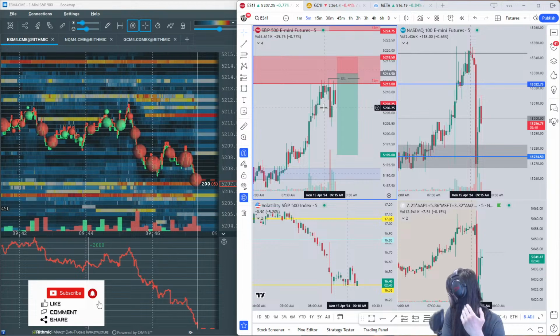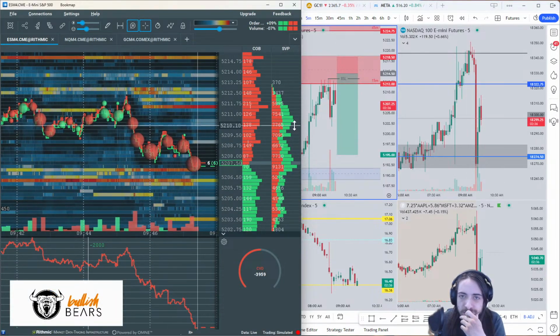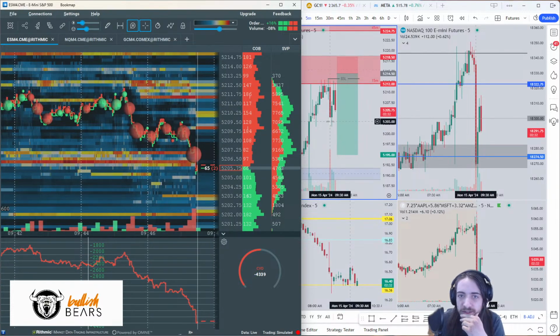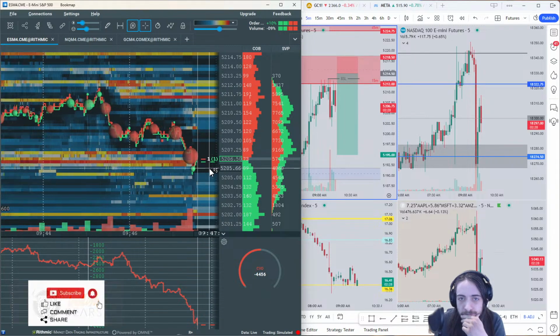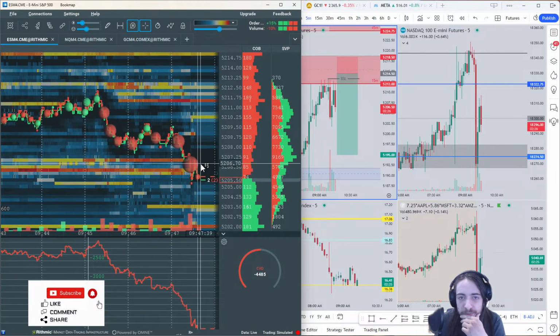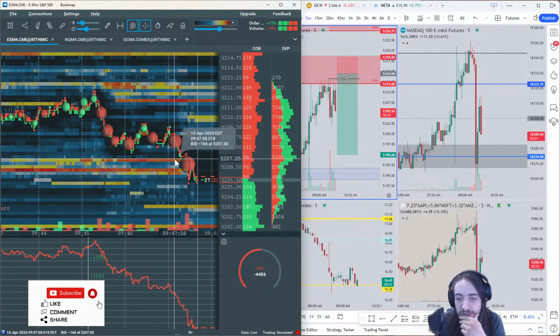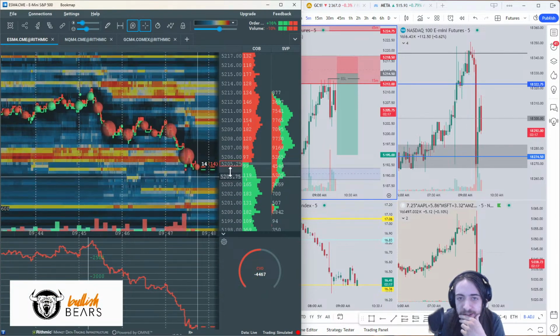Nice, good selling pressure right there. Let's see that CVD dropping. Good stuff. This might be okay for a scalp. I'm not going to take this, just because I do see some heavy buyers sitting down here.